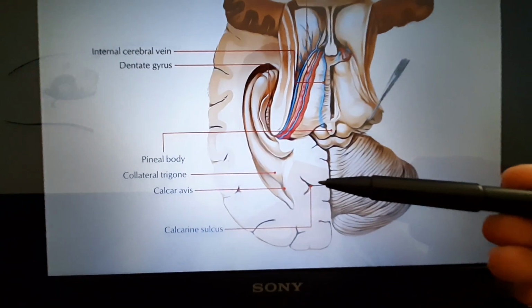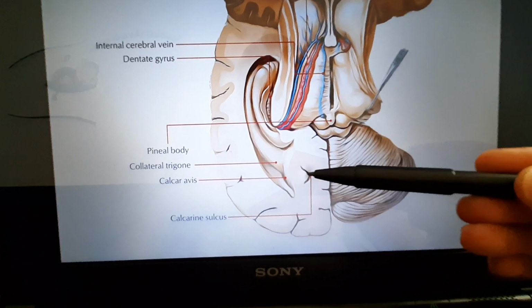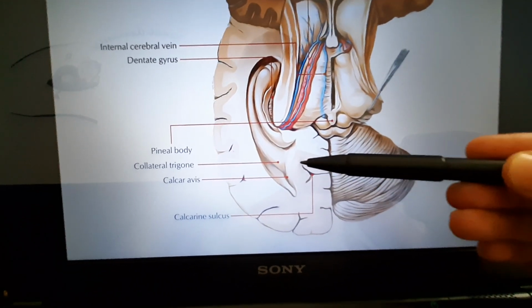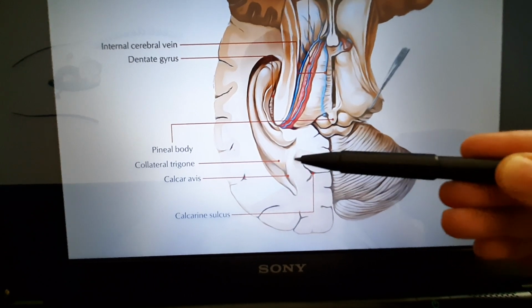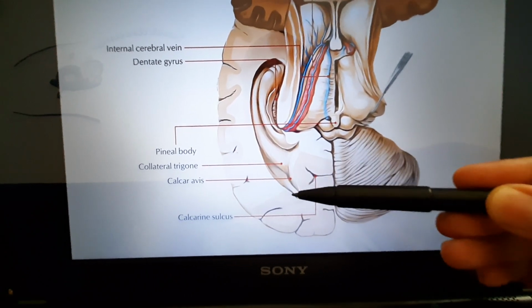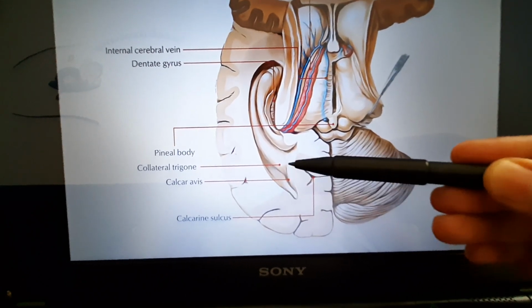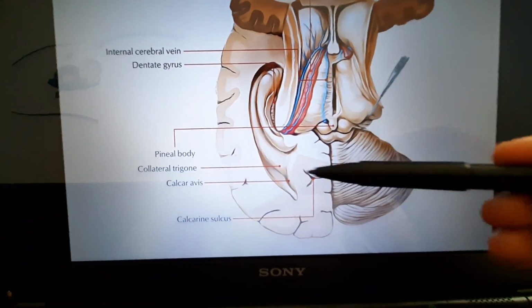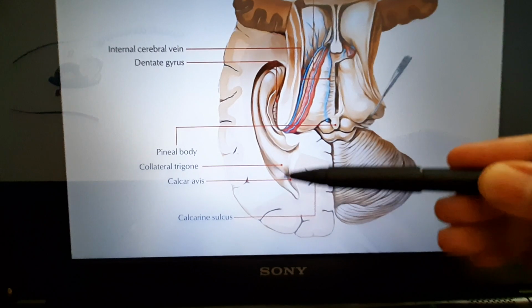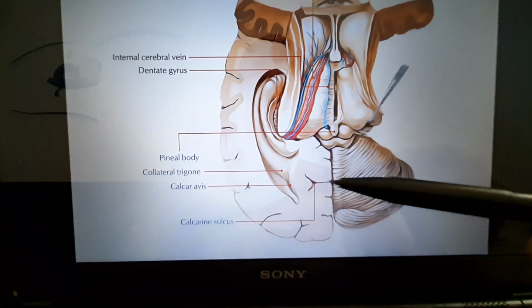Here you can also see the convexity due to the calcarine sulcus, which is also called calcar avis. See this convexity, it is due to the calcarine sulcus. And the forceps major is also present over here, which also produces a convexity.